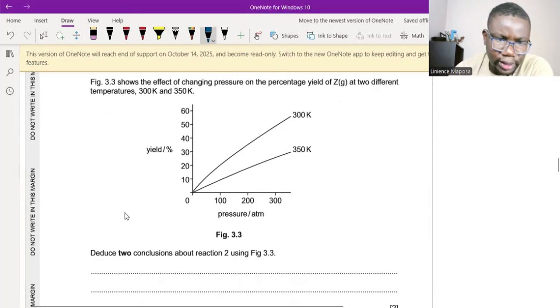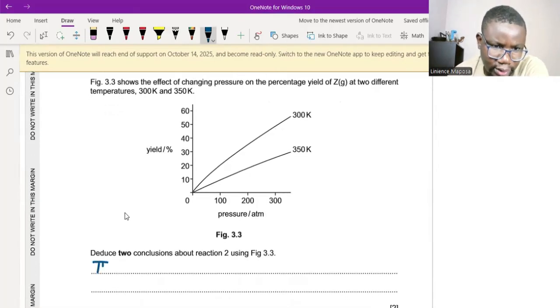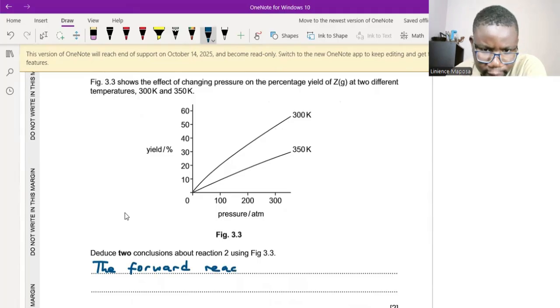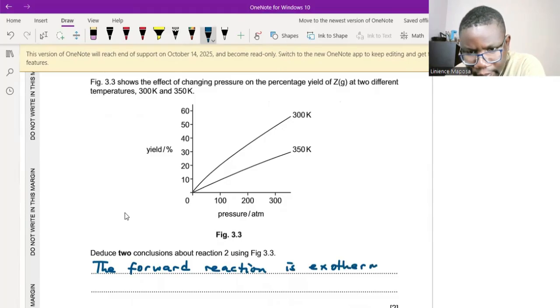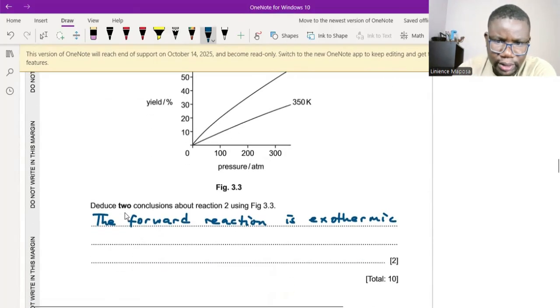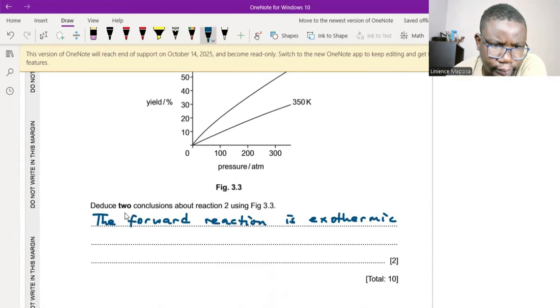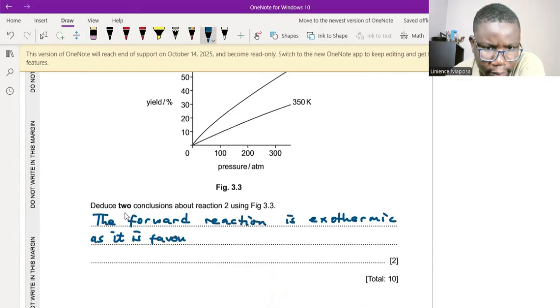I will conclude here that the forward reaction is exothermic, as more Z is produced at lower temperature, as it is favored by a lower temperature.